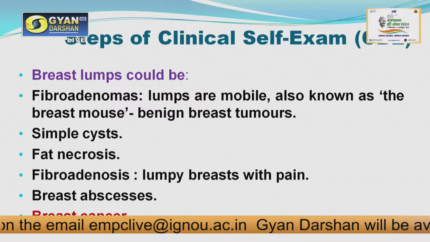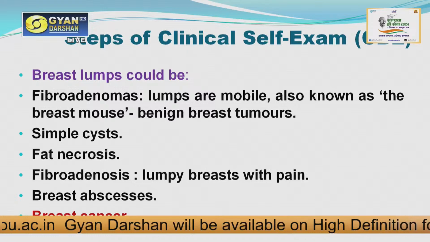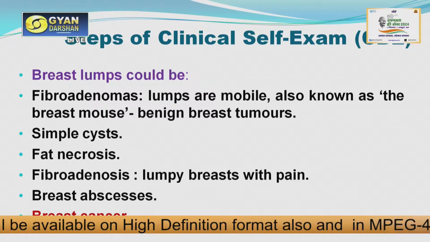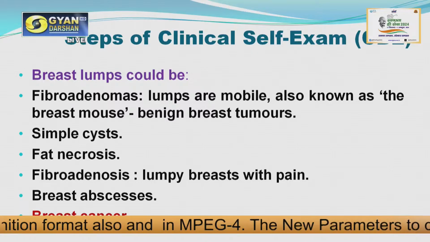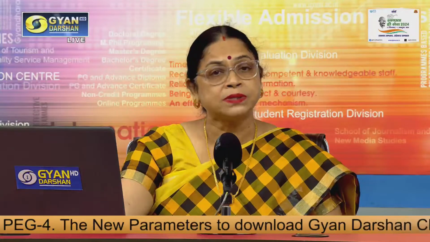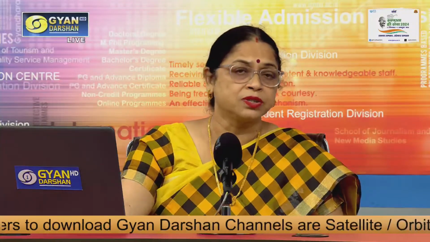So you need to do further assessment. Although you have identified some lump, it may not be cancer. It can be fibroadenoma, fat necrosis, simple cyst, it can be abscess in the breast. So further assessment has to be done.